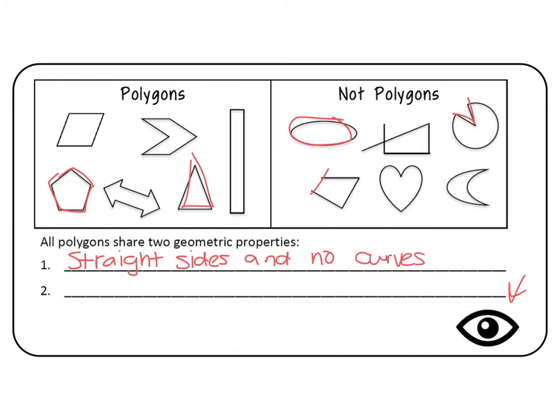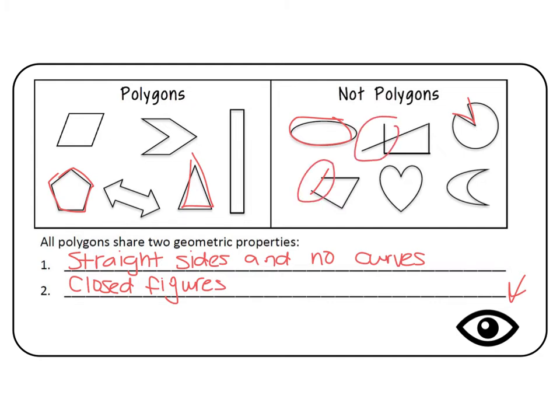And the second thing that they have in common is that they are all closed figures, which means that they do not have openings or overlaps like you see here or here.